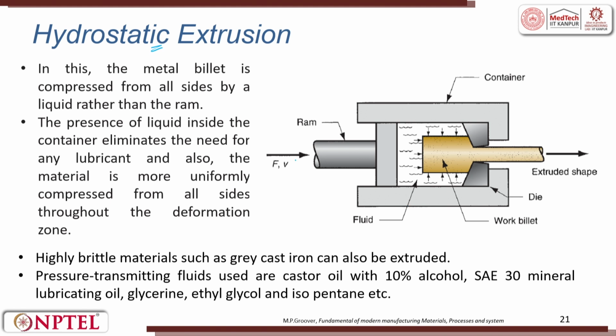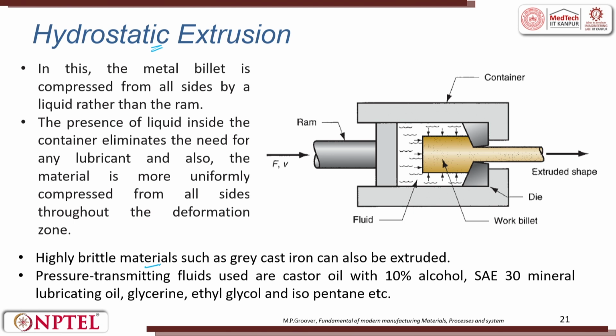Why? Because when you start pushing the ram, there will be pressures which are getting built up. So, there has to be a container which has to be leak proof, which is difficult, right. The presence of liquid inside the container eliminates the need for any lubricant and also the material is uniformly compressed from all sides throughout the deformation zone.